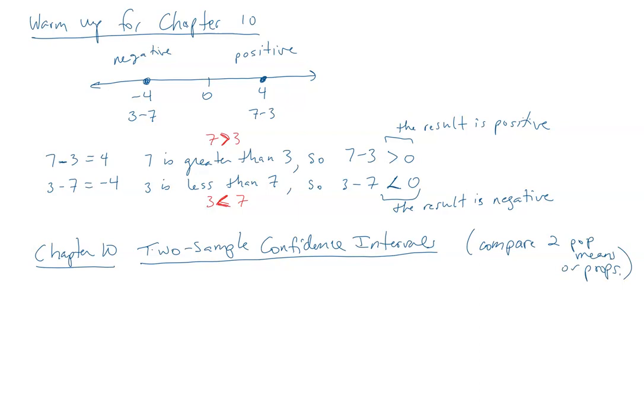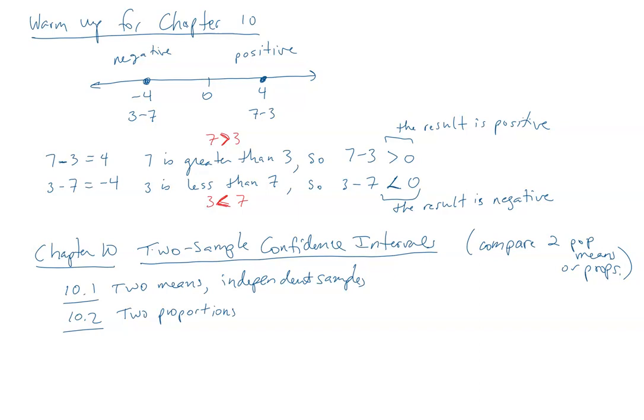Okay, that's where we're heading. So in 10.1, we're going to look at two means, and then a new idea, independent samples. In 10.2, guess what? We're going to jump actually straight to proportions. So none of this sigma known, unknown stuff, proportions.